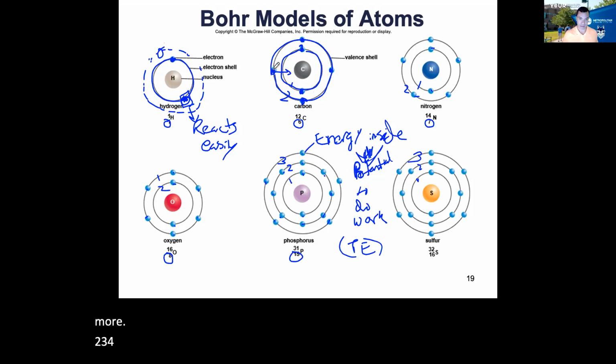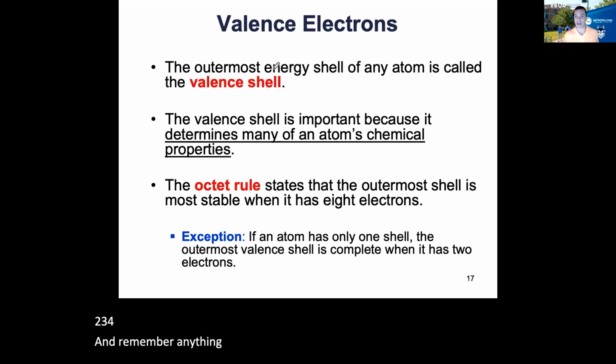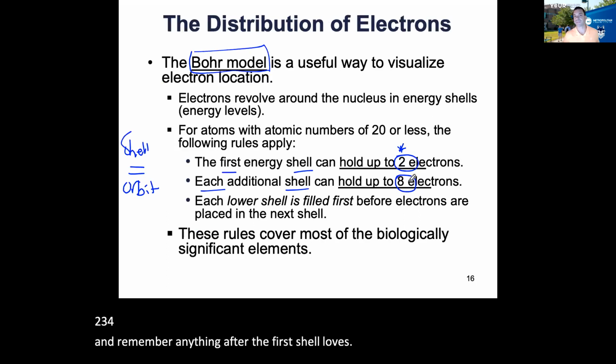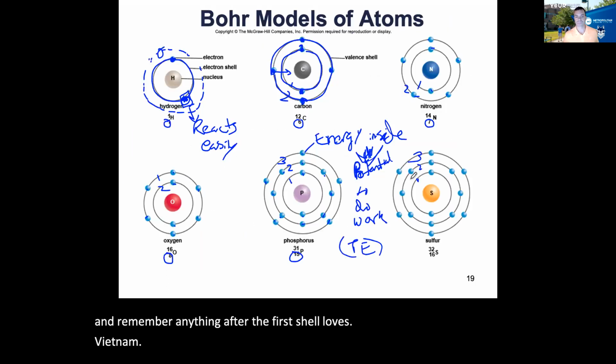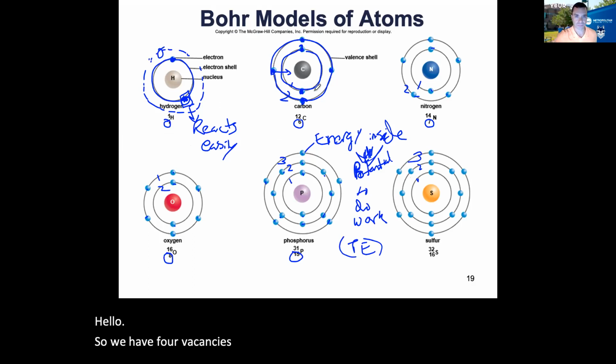And remember, anything after the first shell loves the number 8. So we have 4 vacancies on carbon. Carbon can react with a lot of stuff and form a lot of various bonds because it has 4 openings. So it's very reactive as well.